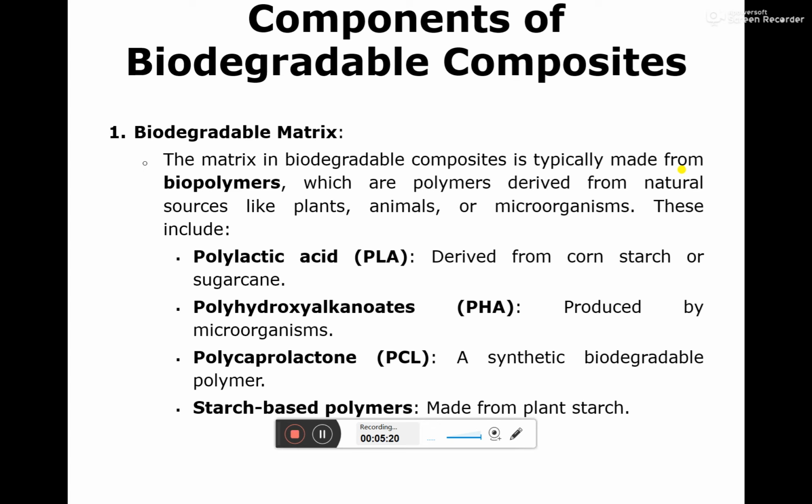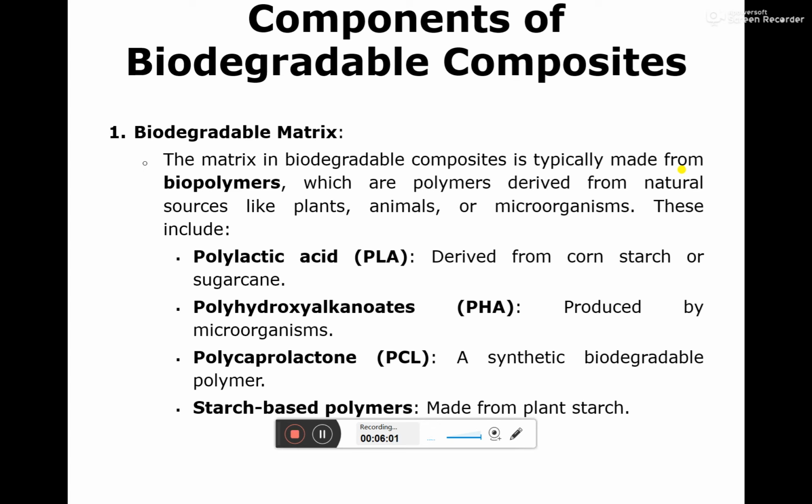We know that composite materials have two main elements: the matrix material and the reinforcement. In a biodegradable composite, the matrix is mainly made of biopolymers, derived from natural sources like plants, animals, or microorganisms.